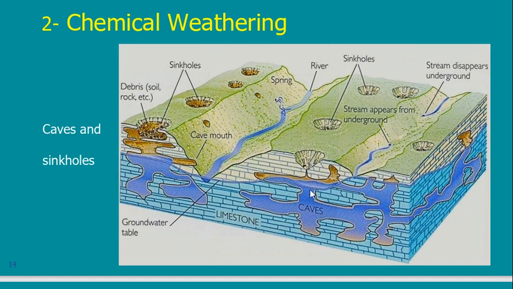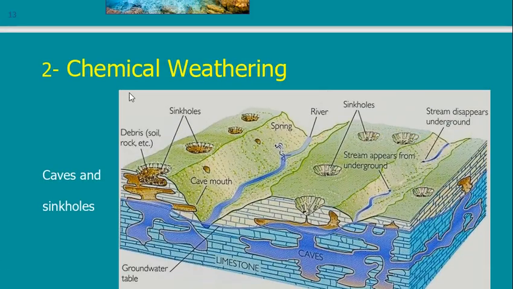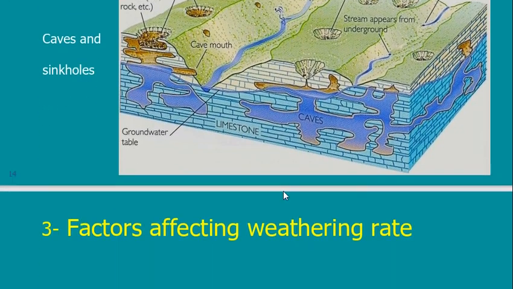Just because there is a cave inside, you will find a few sinkholes on top, and these sinkholes may collapse suddenly and take everything on top, especially if you have a building. If you don't have a building, it will take time, but if you put additional load, it will take this additional load and fall down. So it is very important. This chemical weathering with limestone and in the presence of water is very important for us to understand.